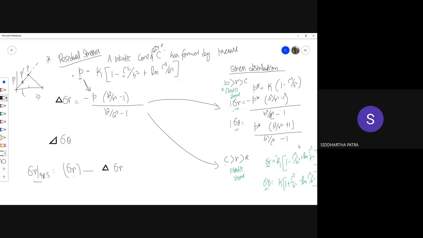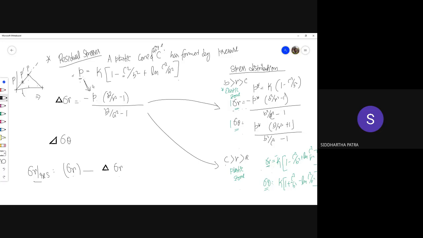So what is the expression for sigma R residual? Minus p star into b square by r square minus 1 divided by b square by c square minus 1, plus p into b square by r square minus 1 divided by b square by a square minus 1.